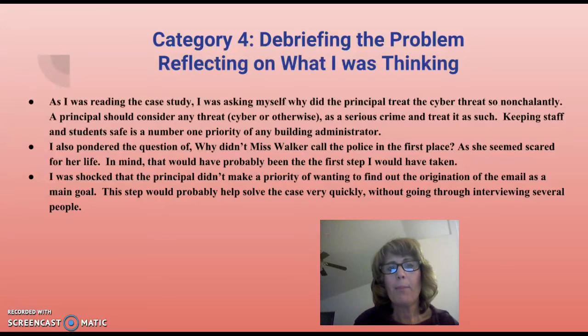I was thinking in my mind that would have probably been the first step I would have taken. I was shocked that the principal didn't make a priority of wanting to find out the origination of the email as a main goal. This step probably would have helped solve the case very quickly without going through interviewing several people.